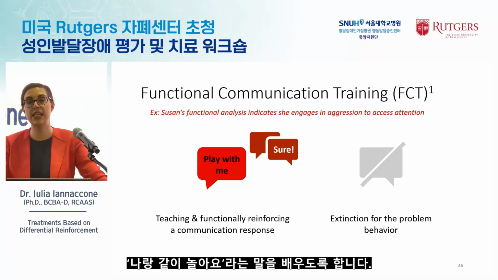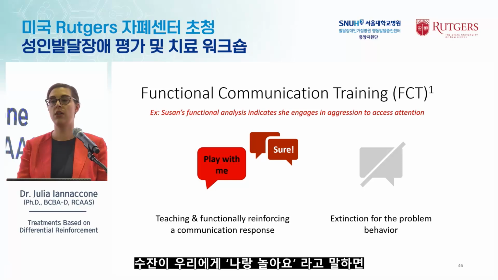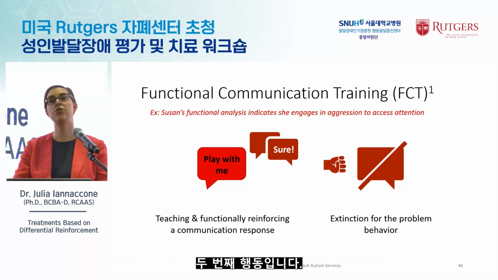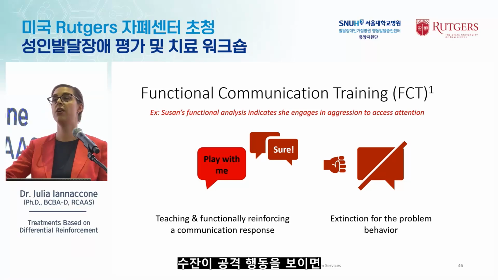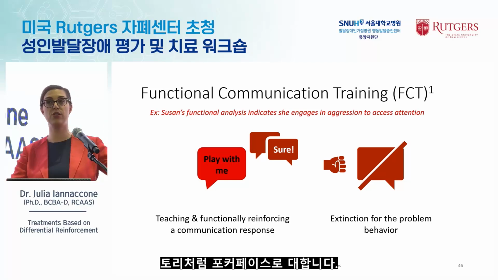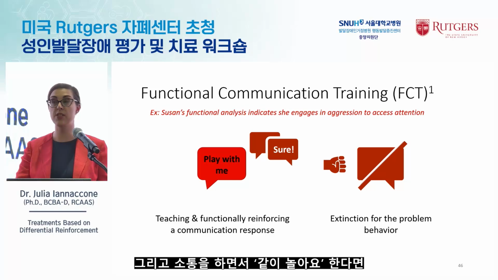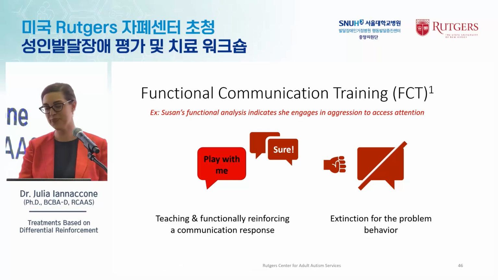So Susan says, play with me, and we're like, oh, sure. Definitely, that's behavior 2. What's going to happen for behavior 1? No attention. If Susan engages in aggression in this treatment, we're going to do poker face, just like Tori did. If she engages in the functional communication response, play with me, please, oh my gosh, sure, of course we can play, with the level of enthusiasm that Sung-Woo's staff had this morning.